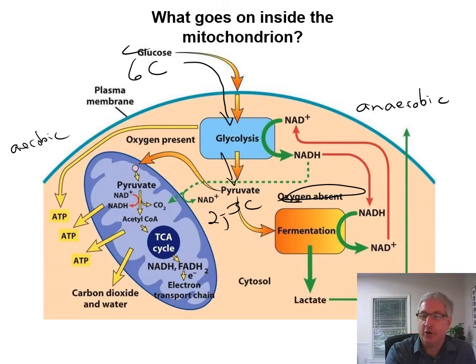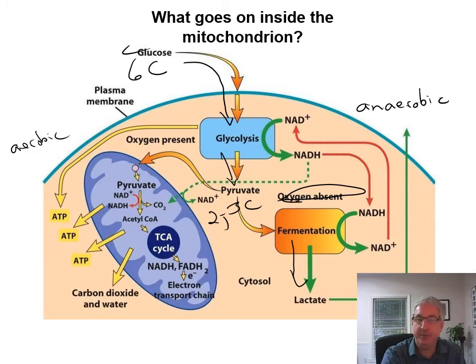And you get into what's called fermentation. You break down that pyruvate into lactate, and so there's a buildup of lactate, or lactic acid, in your body, and you can get rid of that fairly quickly. It's not too big a deal, but you don't want to stay anaerobic for very long because you don't make as many ATP molecules out of that.